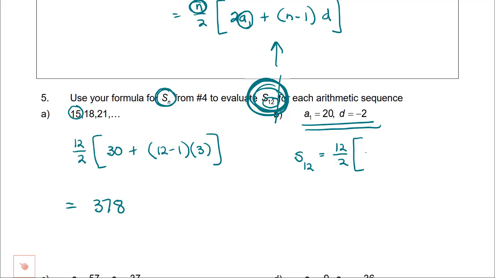And then double it, we get 40. Plus, how many terms? 12 minus 1, which is also the number of steps, right? And how big is each step? -2. And if Mr. Mori forgets the parentheses, what is going to happen? The other Mr. Mori is going to take points off, right?